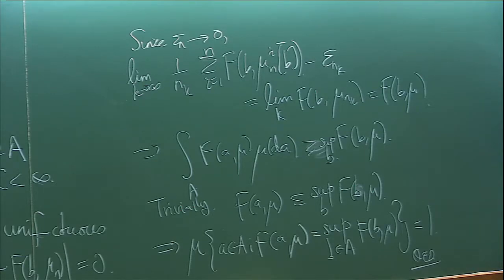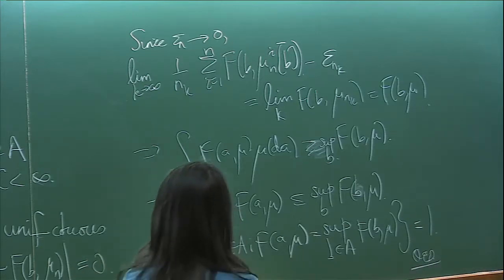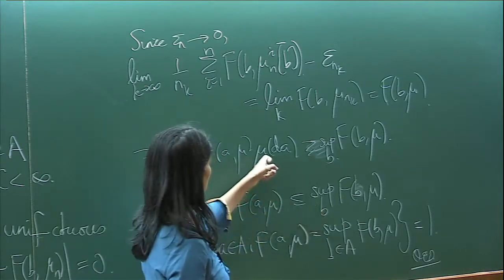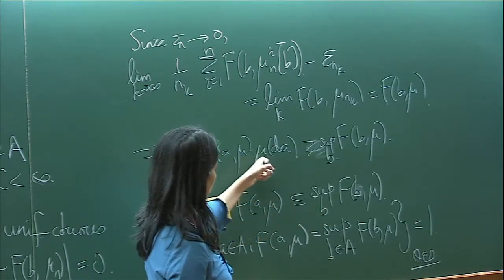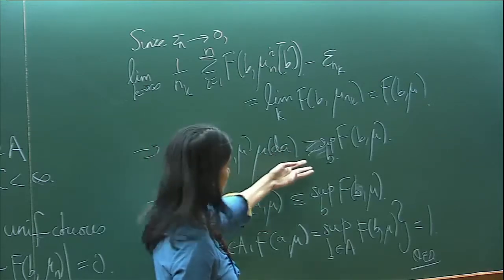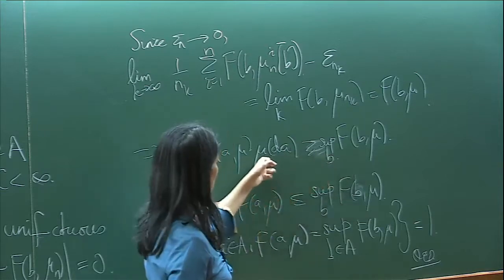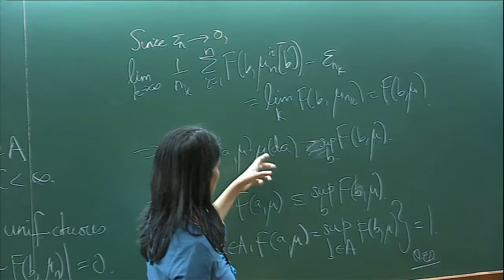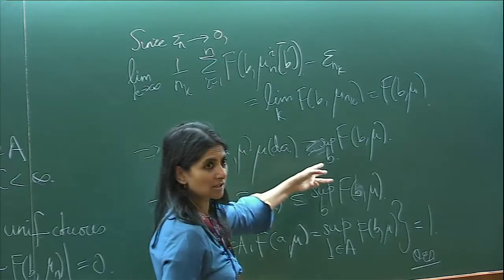Well, this is less than or equal to this. This cannot put support on anything where this is greater than, because this is the sup. If it actually puts support on something that's strictly less, then this thing will be violated.